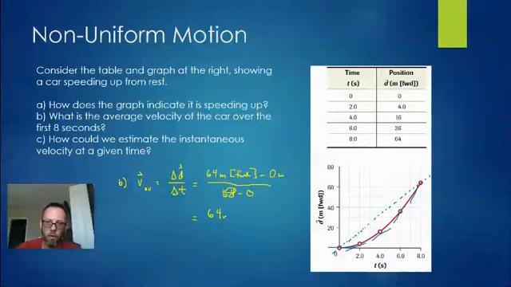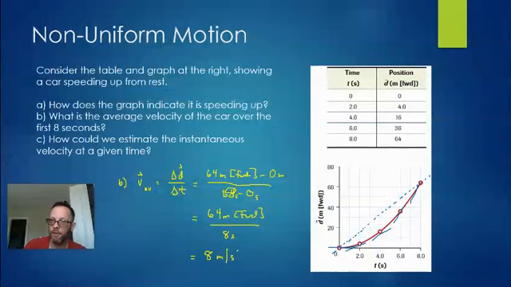That gives us 64 meters forward over 8 seconds. And we can see the average speed is 8 meters per second. We covered 64 meters in 8 seconds, giving an average speed of 8 meters per second.